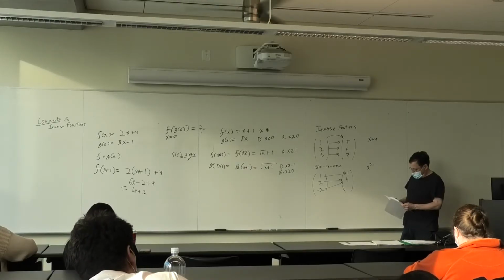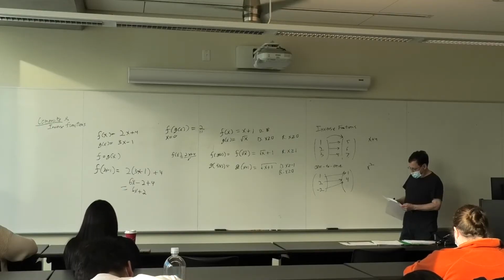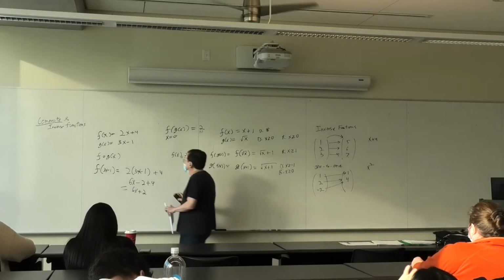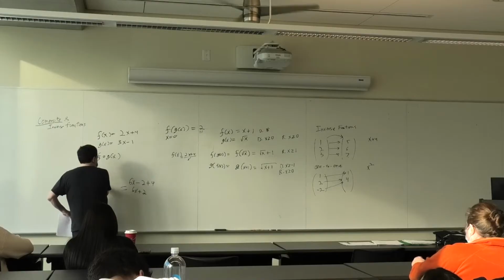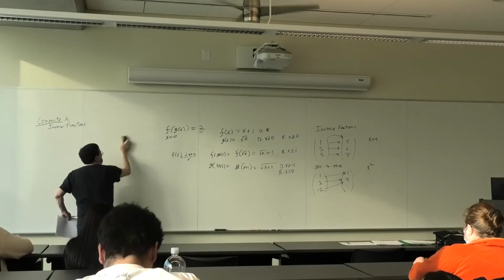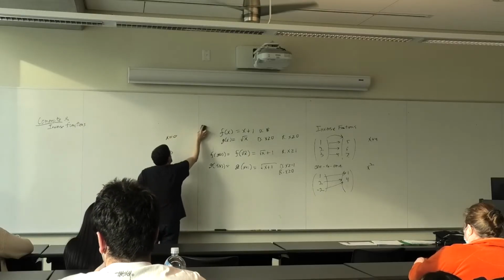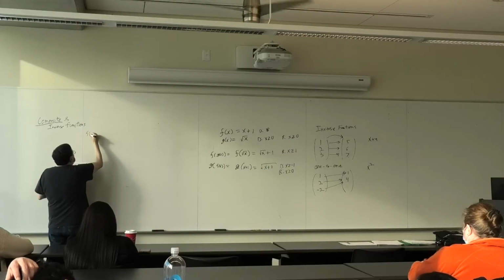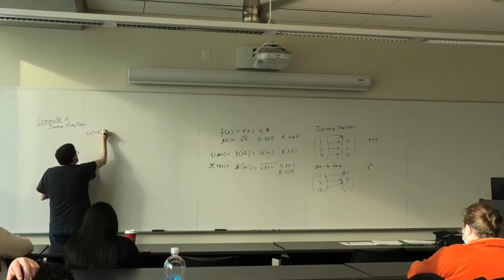So why is this important? Well, we'll get to why this is important in a second. I want to draw the graphs of a couple functions here that you're probably familiar with. Say f of x equals x squared.